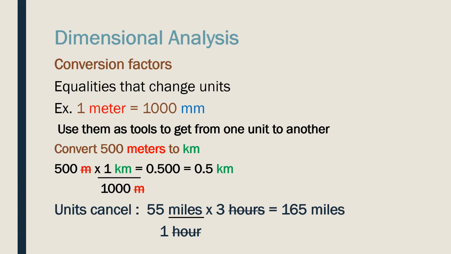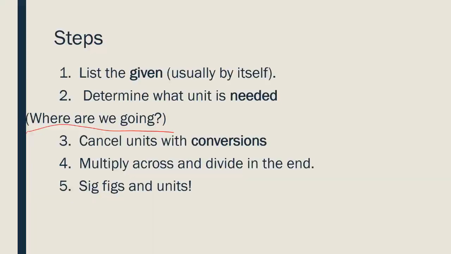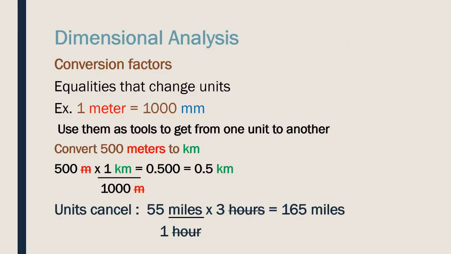So anyway, conversion factors, things that are equal. So all those things that we just saw here are going to be helpful for getting us to our answer. Now, I know a lot of you learned that kind of stuff, but we're going to use what's called dimensional analysis a lot in this class. So if you use it here, it'll help you understand that. So here, if we had to convert 500 meters to kilometers, so let's imagine the meters is red, right?